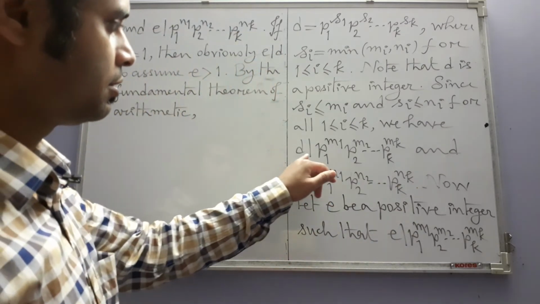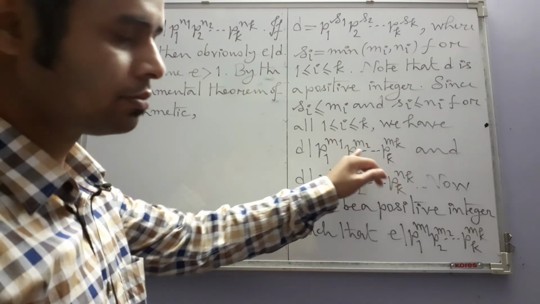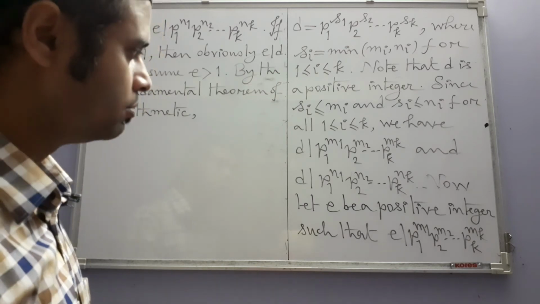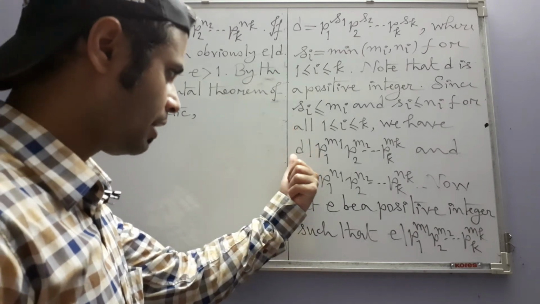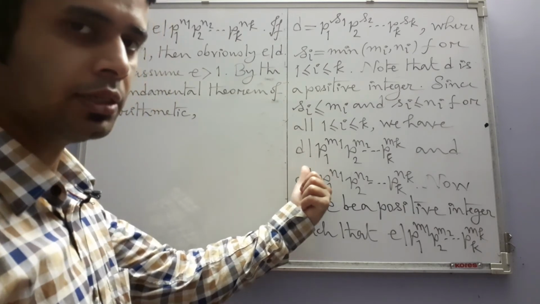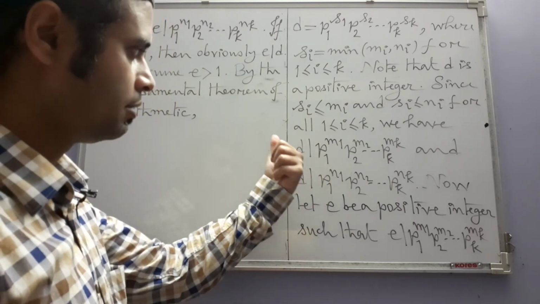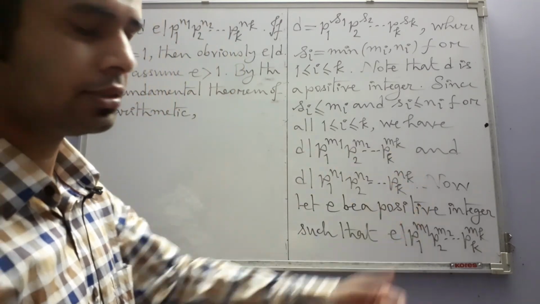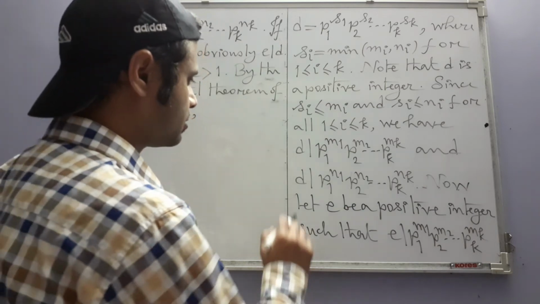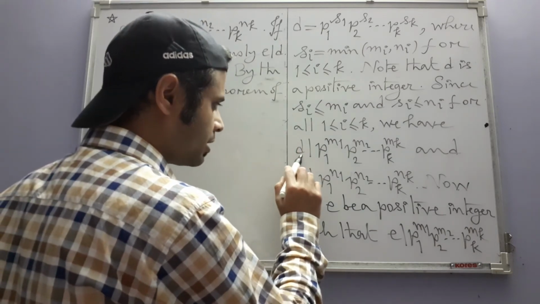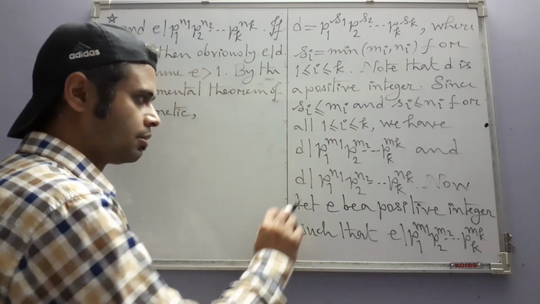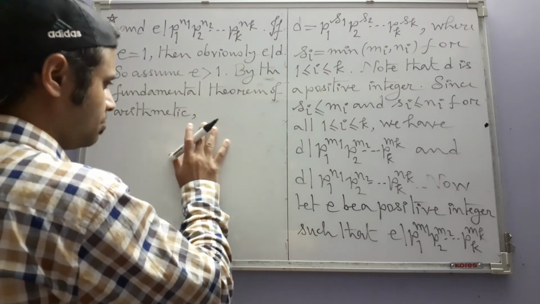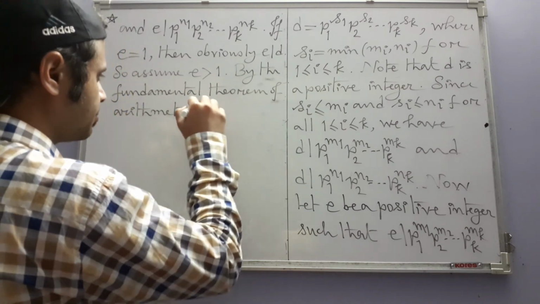But because that pi itself is a prime, this prime and pi must be equal, which is not true, because the prime we have chosen is outside of this list of pi's. So that would give us a contradiction. So the primes that appear in the factorization of e must be from among these. So we write directly, okay.